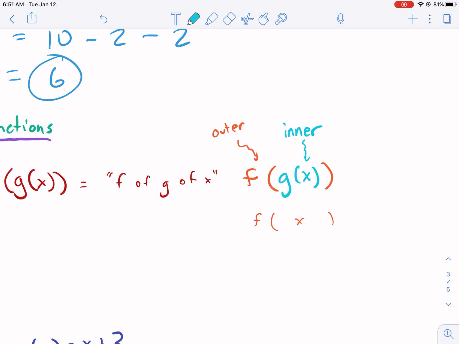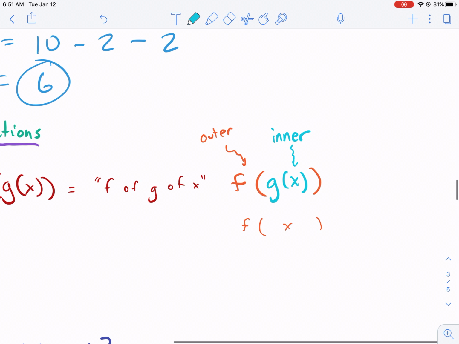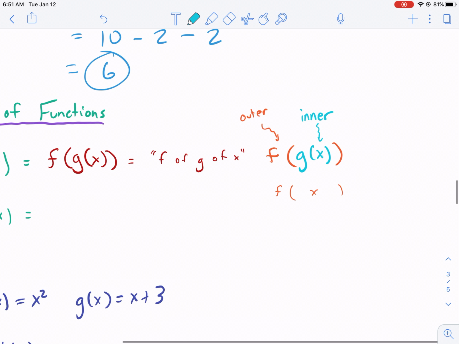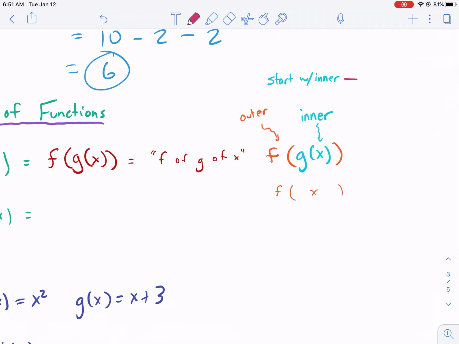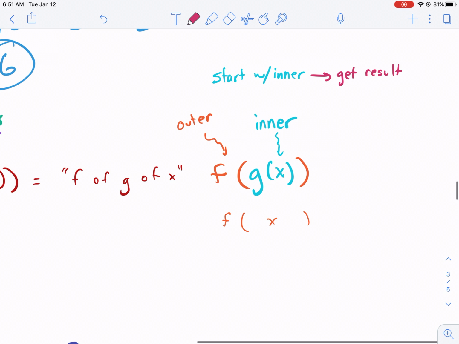So how do we handle it? Well, we start with the inner function. We are going to get a result. Anytime you plug something into the inner function, you're going to get a result.